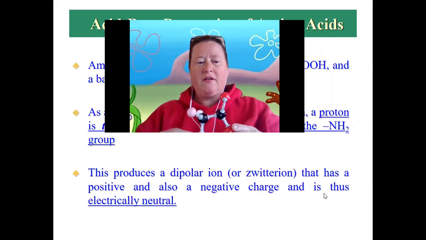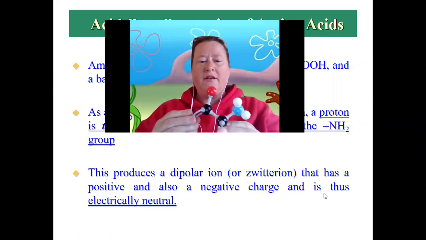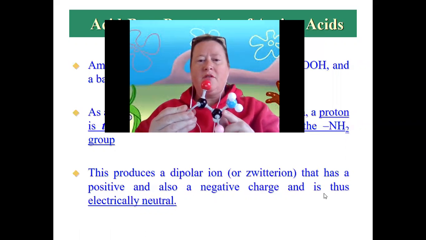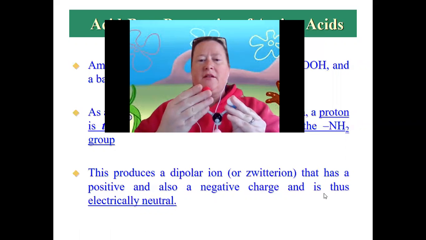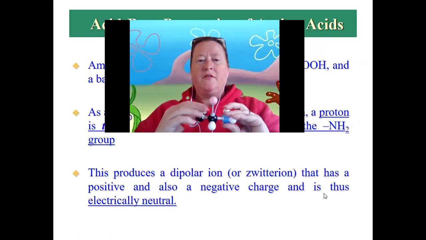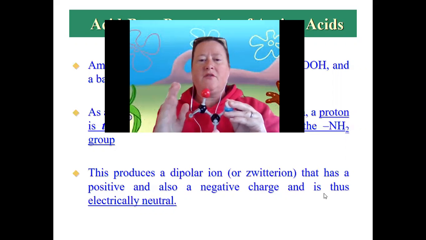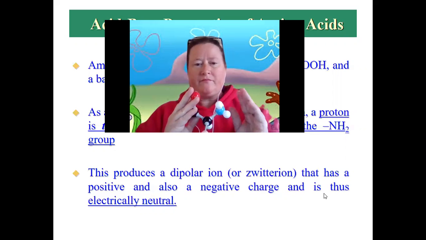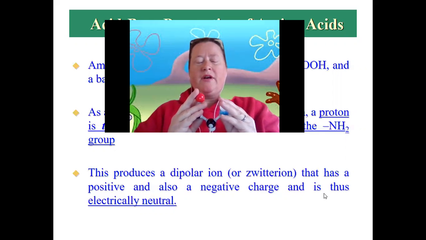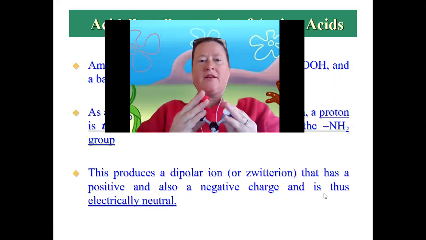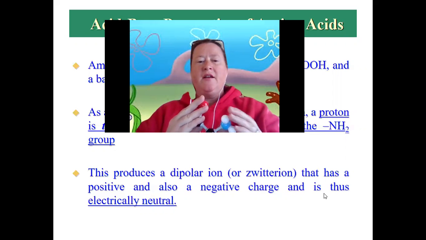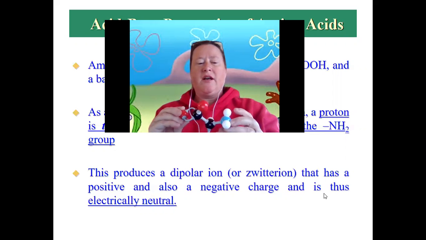Here is my central carbon, my amino group, my carboxylic acid group, the R side chain, and the hydrogen. So this carboxylic acid group and the amino group show acidic and basic properties respectively. Now I do have this in the zwitterion form.